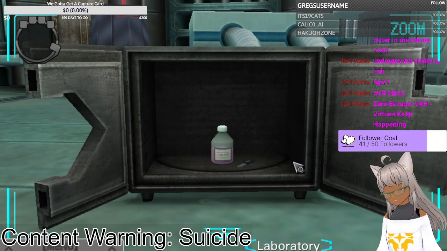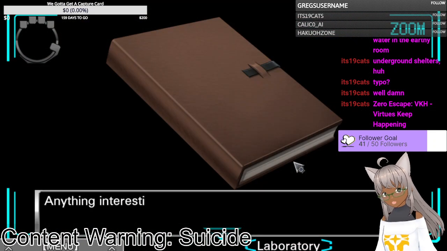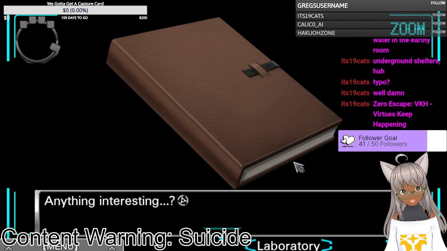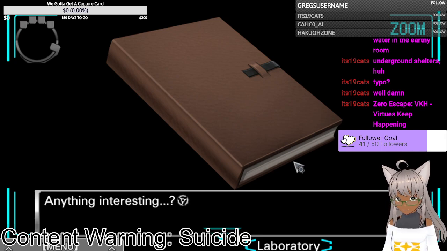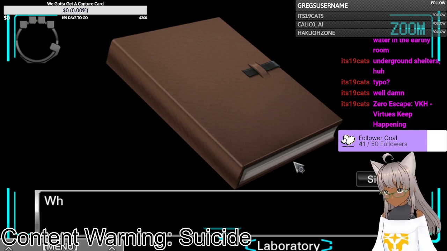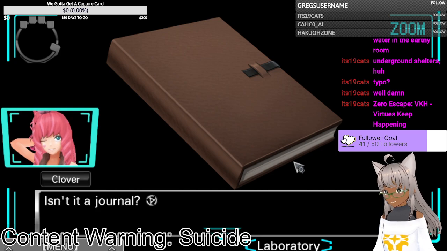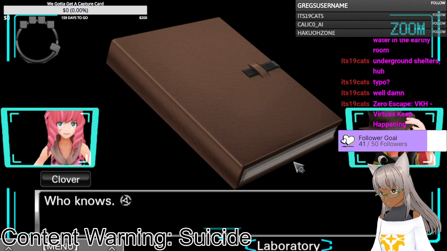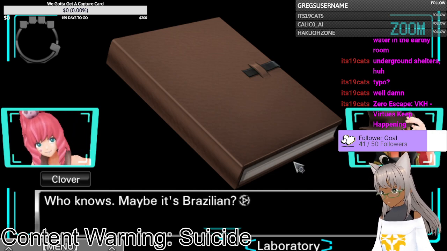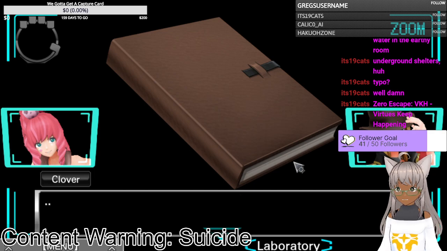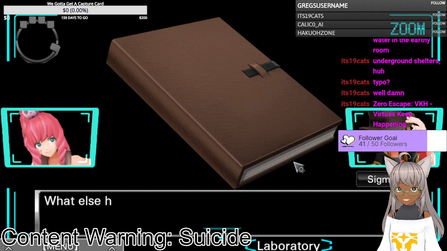And then next is a notebook. Oh no! Oh no! Are these even letters? Maybe it's Brazilian? They speak Portuguese in Brazil. Anyway.